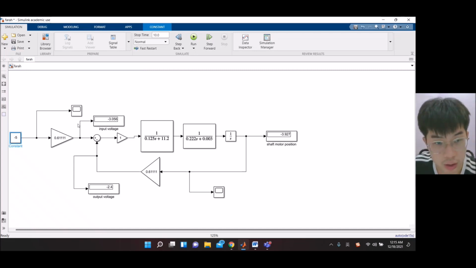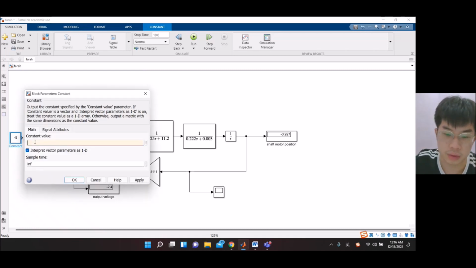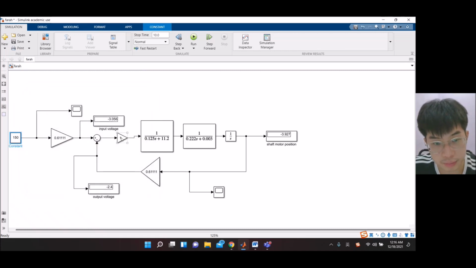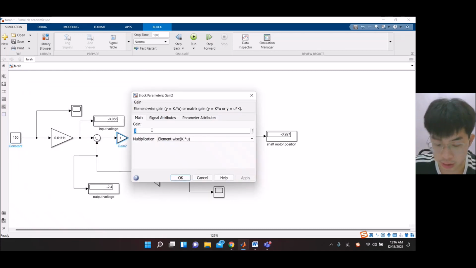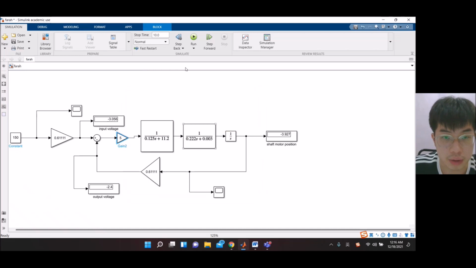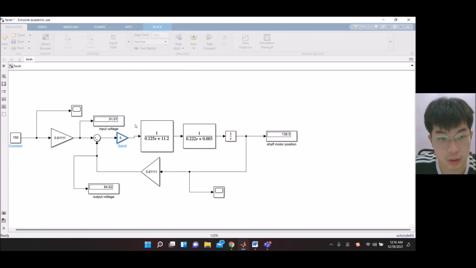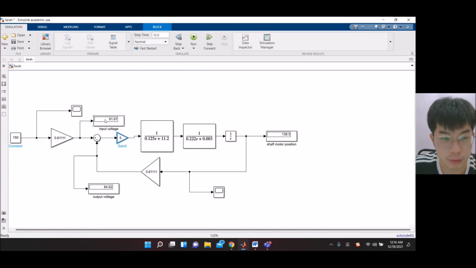And next, we change the angle to 150 for clockwise. And gain is about 5. And get a 91 value for input, 84 for output. Shaft motor is 138.